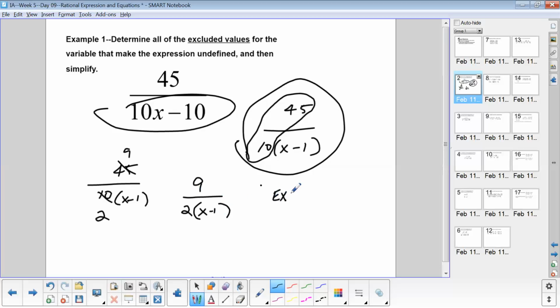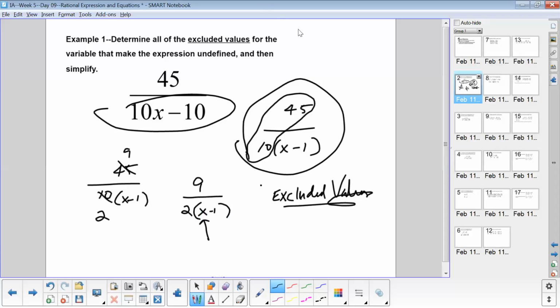Now, we have something we call excluded values. What does that mean? It means what value for x could be substituted into the denominator to make the denominator go to 0, which would make it an undefined value.